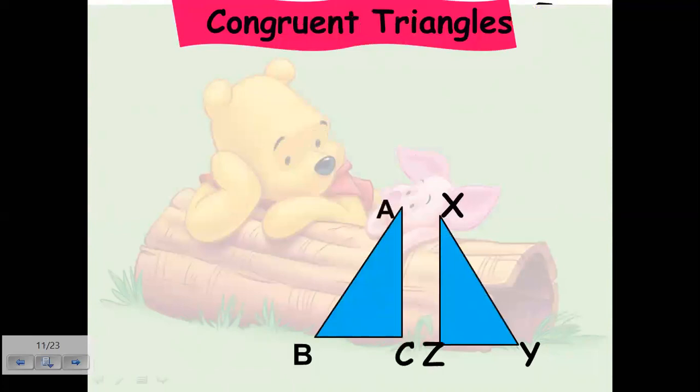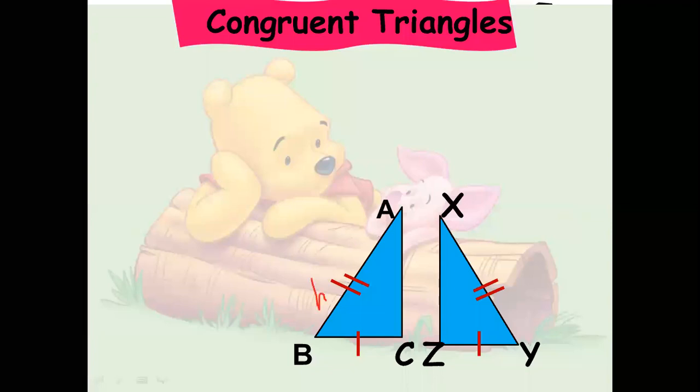If I have this right angle triangle ABC and right angle triangle XYZ, the side length of BC equals the side length of YZ, and the side length of AB equals the side length of XY, and AB is called the hypotenuse, because it's opposite to the right angle.